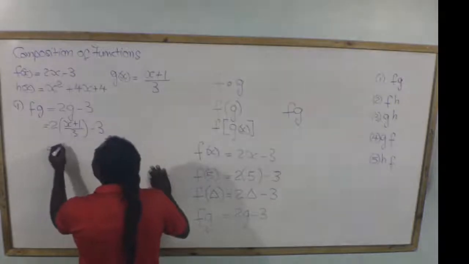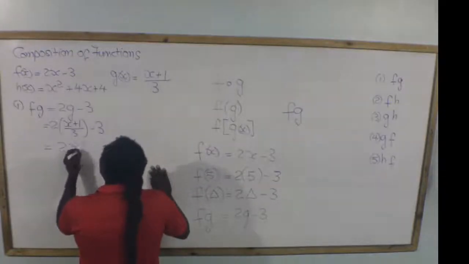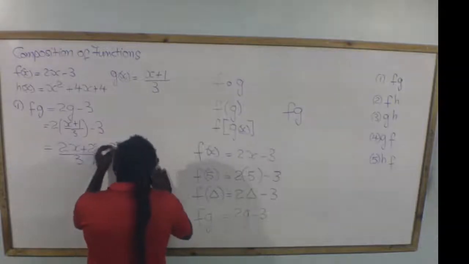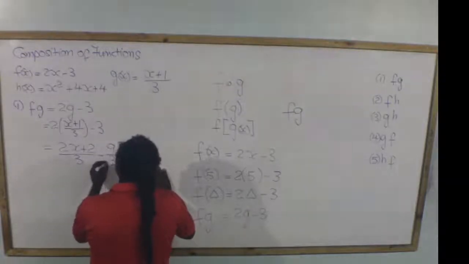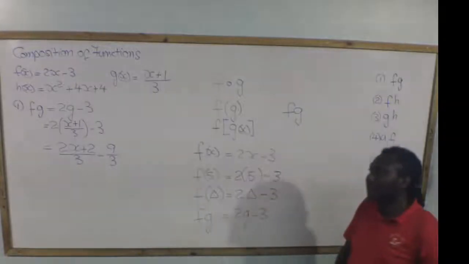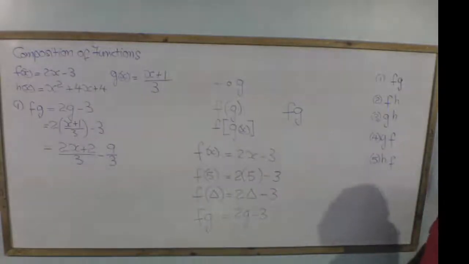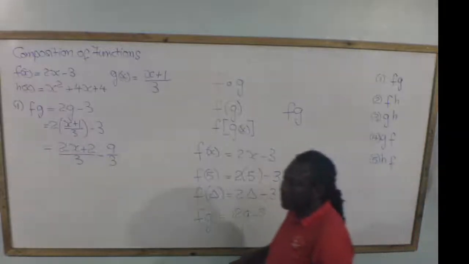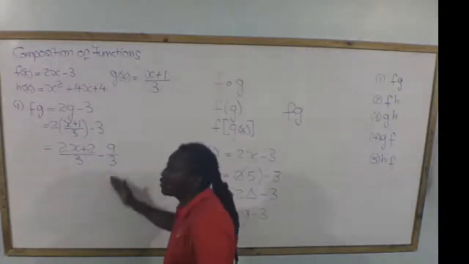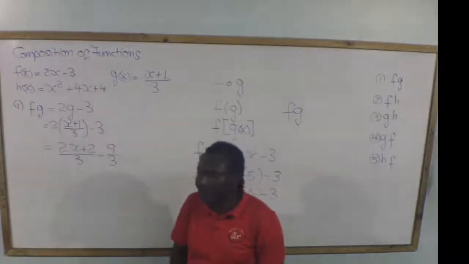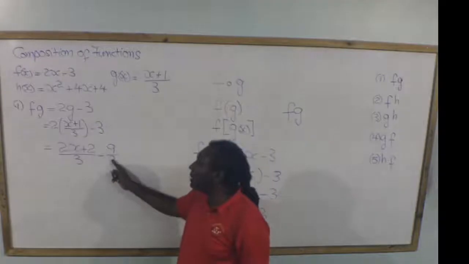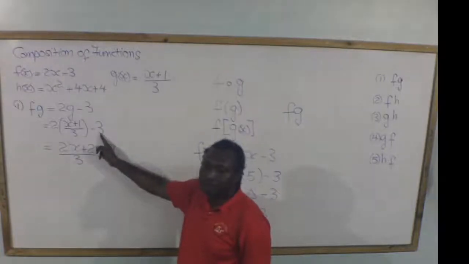What do we do next? Who can see this? 2x plus 2 over 3 minus 9 over 3. Who is able to see that? Well, I know what you have there. Where did the 9 over 3 come from all of a sudden? Well, if we divide 9 by 3, we will get 3.